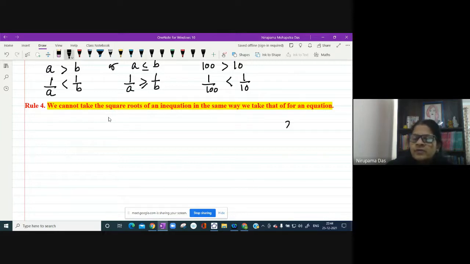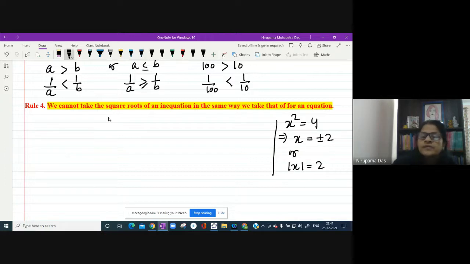Suppose for example we have x square equal to 4. If you take square root, you get x equal to plus minus 2. Okay, or you may write like this also, mod x equal to 2. Okay, it is in the case of equation.